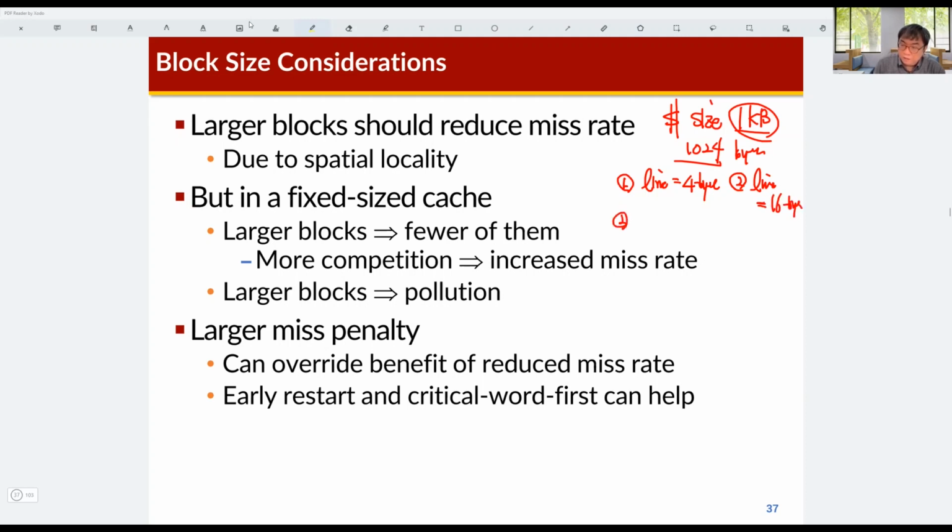So how many entries? This cache has 256 entries, and this cache has 64 entries. So cache size is the same, the same amount of data can be stored in the cache, but the line size is different, so the number of entries is also different. Which cache is better?